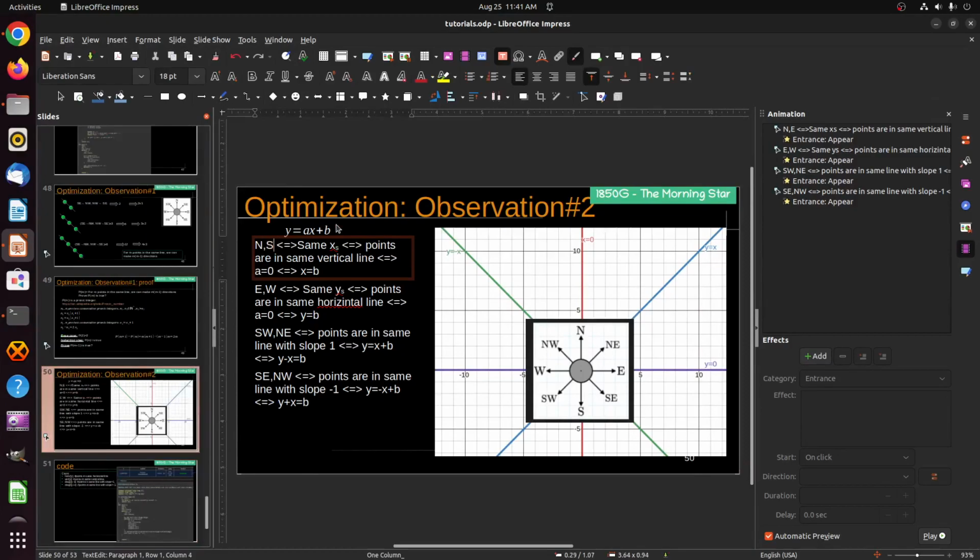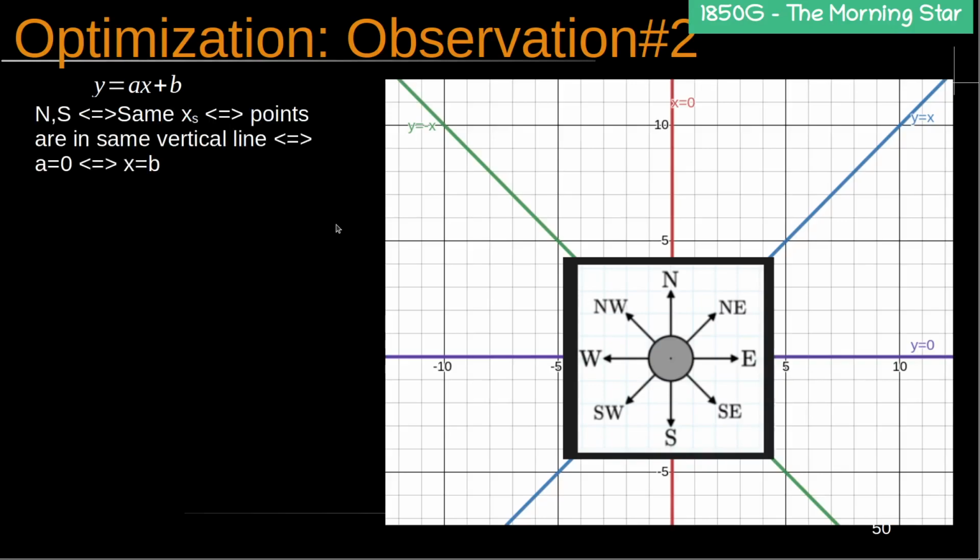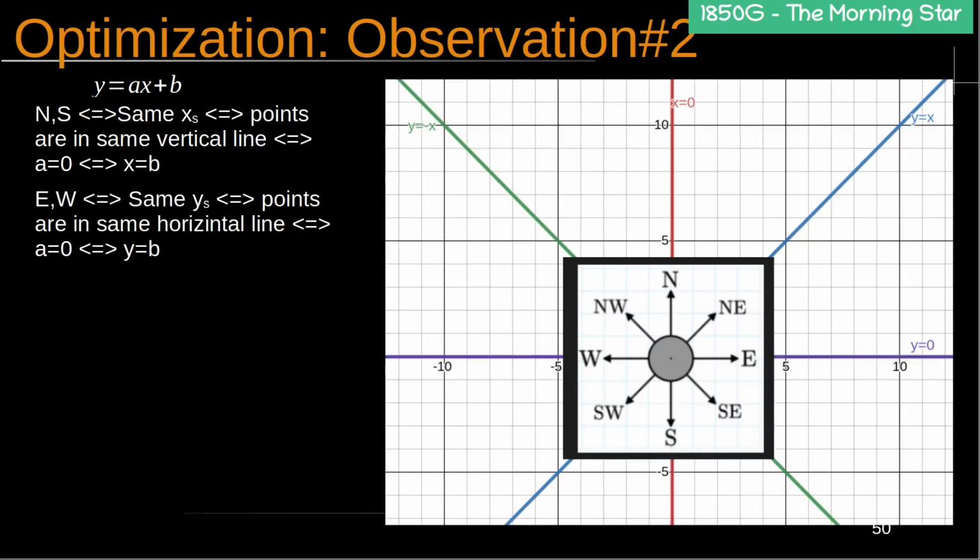A direction from the north to the south, south to the north, we have the same axis, which means points are on the same line, which means the slope is equal to 0, x is equal to b. Same for the east-west, or west-east. All the points have the same y's, so the points are on the same horizontal line. So we can say that y is equal to b. Okay.